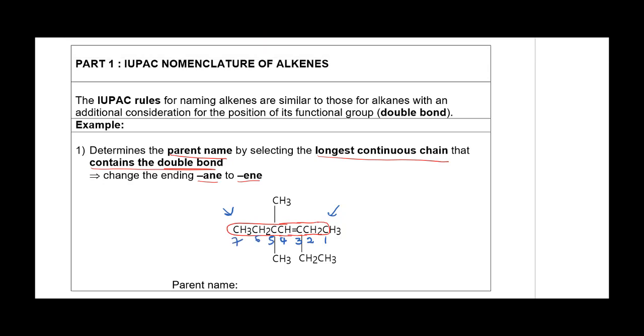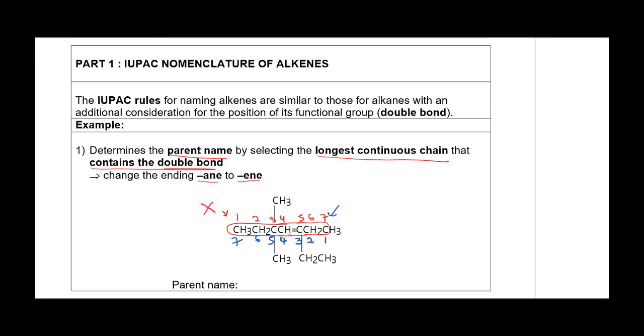If you start from the other end here, 1, 2, 3, 4, 5, 6, 7. So the red one is incorrect because the carbon-carbon double bond is at carbon number 4 and carbon number 5, while for the blue one, the carbon-carbon double bond is at carbon number 3 and number 4.